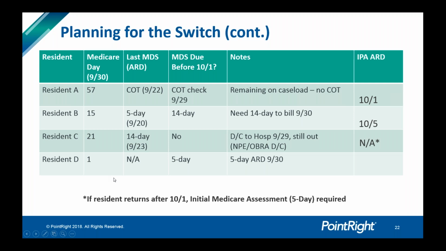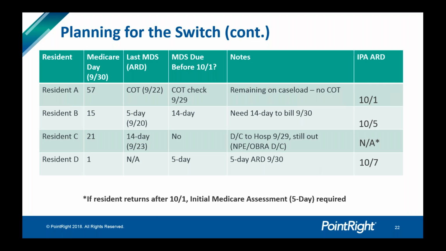So for resident D, just came in the door. He was admitted on 9/30. So there was no previous MDS. He's going to have a 5-day if you want to bill for 9/30. Now that 5-day ARD has to be on September the 30th. And then, okay, let's wait a little bit. Let's do his IPA.